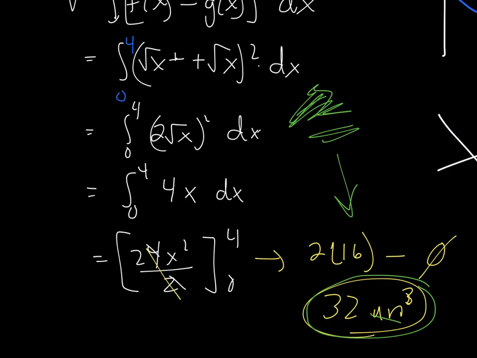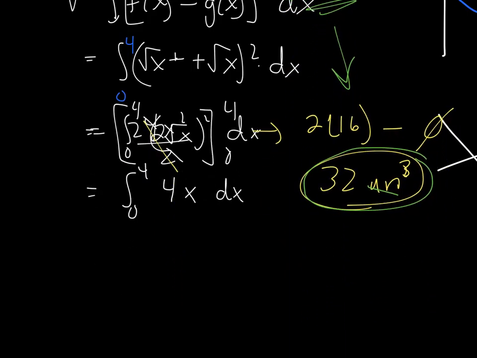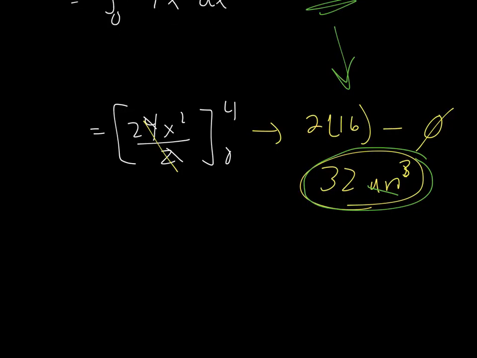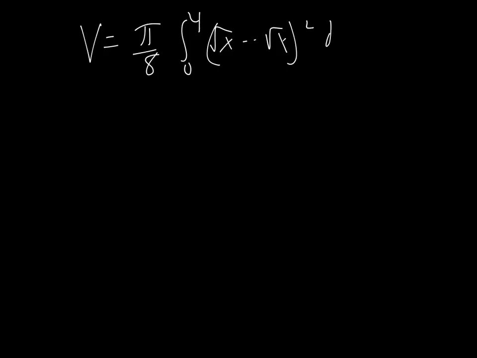So I'm just going to do one other one. Let's suppose that I'm doing cross sections that are semicircles. So my formula is now volume is equal to pi over 8. Look back at your notes for how we got that. Times the integral from 0 to 4 of radical x minus a negative radical x quantity squared dx.